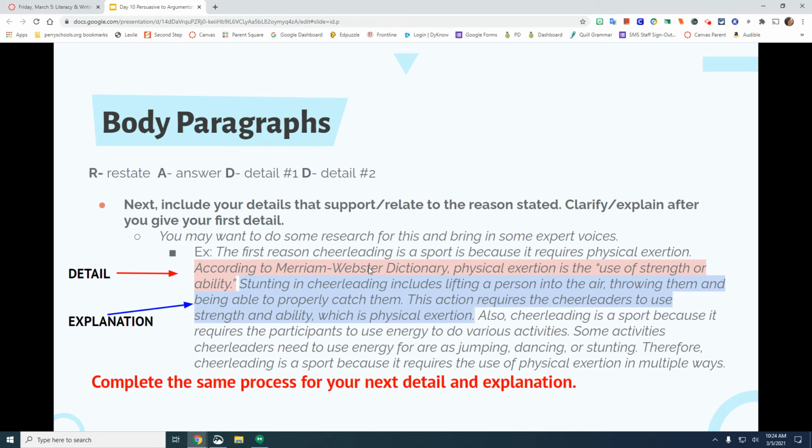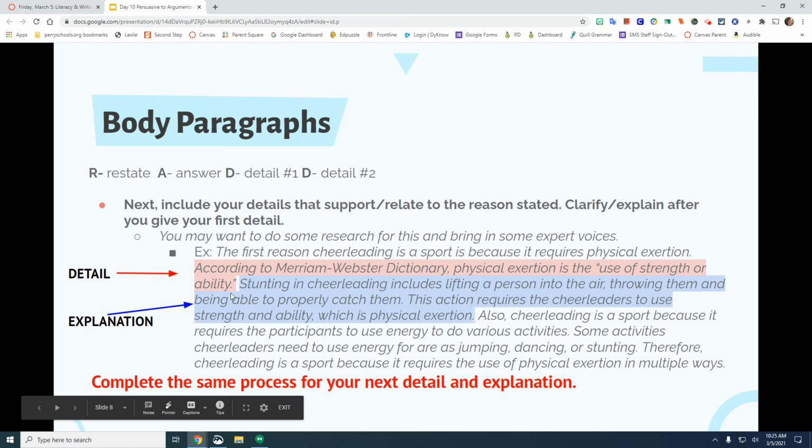According to Merriam-Webster Dictionary, physical exertion is the use of strength or ability. That's just the definition of physical exertion. Then they're supporting that detail with this explanation. Stunting in cheerleading includes lifting a person into the air, throwing them, and being able to properly catch them. This action requires the cheerleaders to use strength and ability, which is physical exertion.